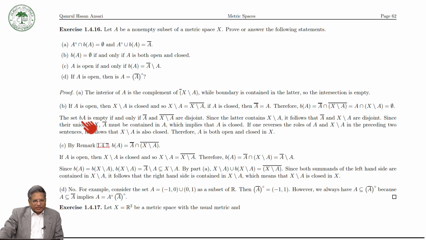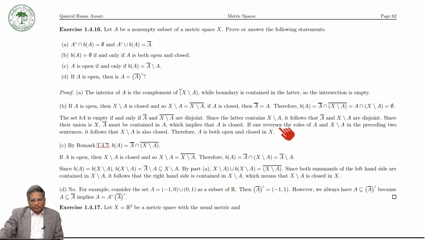Now, suppose the boundary of A is empty if and only if the closure of A and the closure of the complement of A are disjoint. Since the latter is contained in the complement of A, it follows that the closure of A and the complement of A are disjoint, and since their union is X, the closure of A must be contained in A, which implies that A is closed.